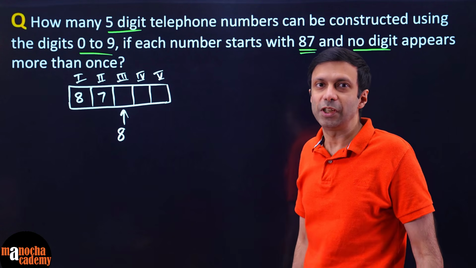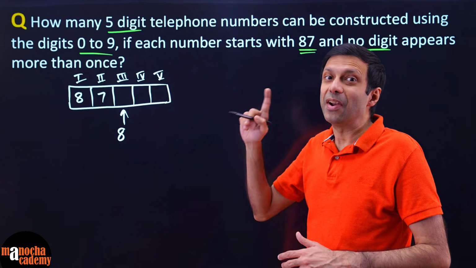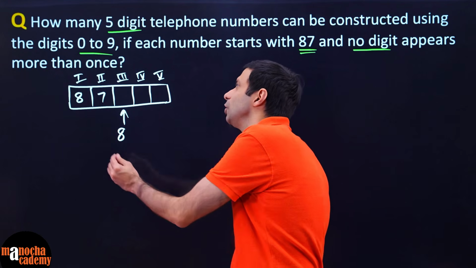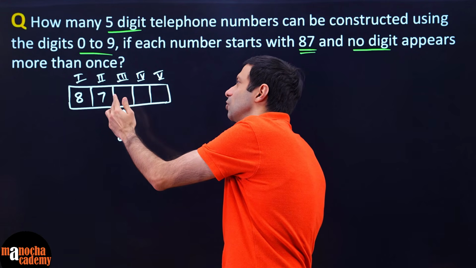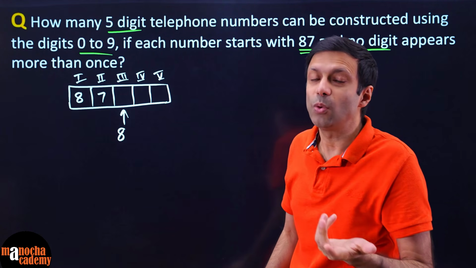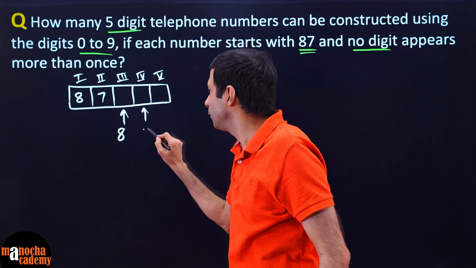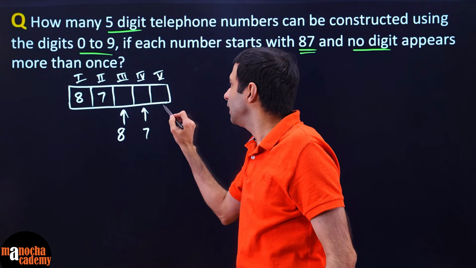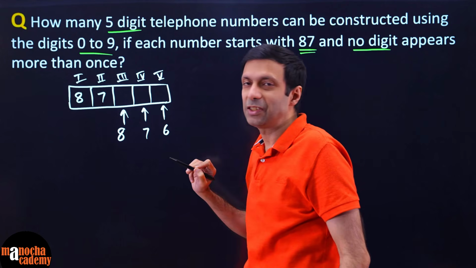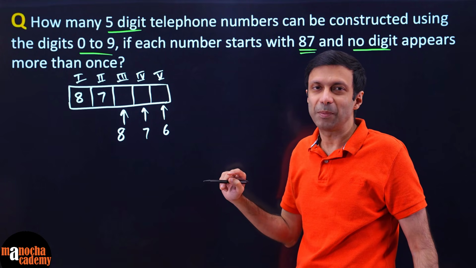Now what about the fourth digit? If we move on to the fourth digit, see, repetitions are not allowed. So imagine you have used 1 digit here. So you cannot repeat it. That means you have 1 less possibility left. So 7 possibilities over here, right? Similarly, 6 possibilities will be left for the last digit because 1 has been used up here.